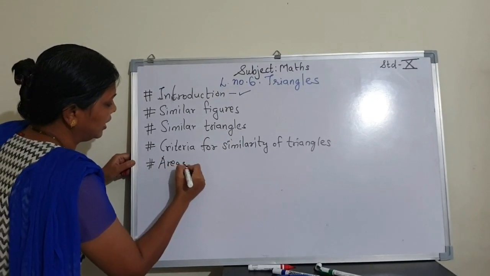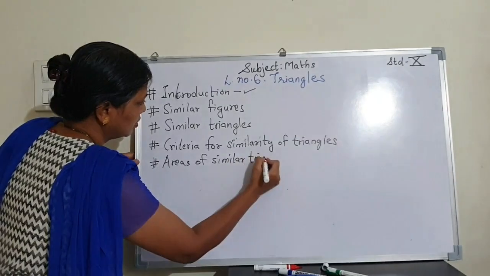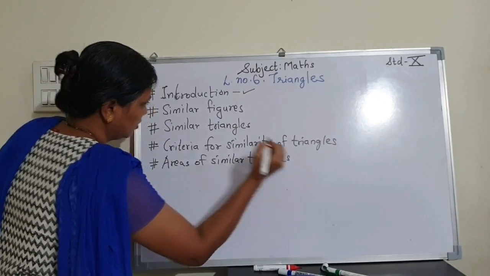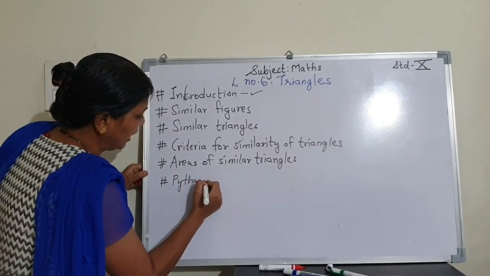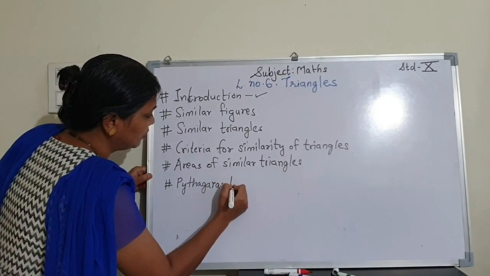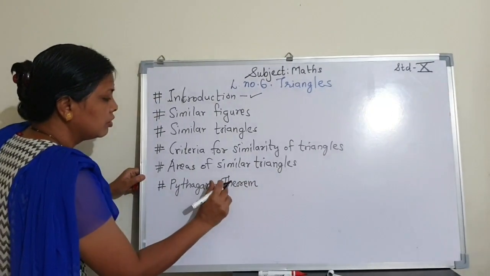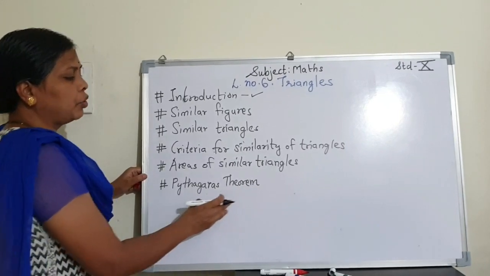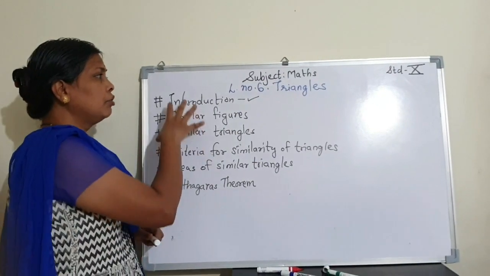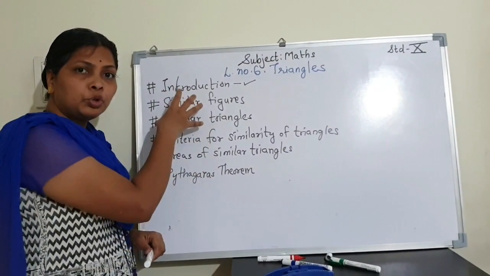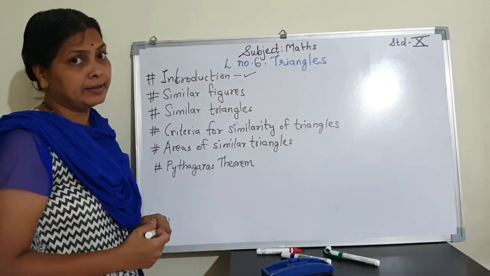Then we are going to see areas of similar triangles. And lastly, you have studied and applied the Pythagoras theorem in the previous classes, but still, we are going to see what the Pythagoras theorem is and its application. So this is how we will go through these concepts and explore more about triangles in this lesson.